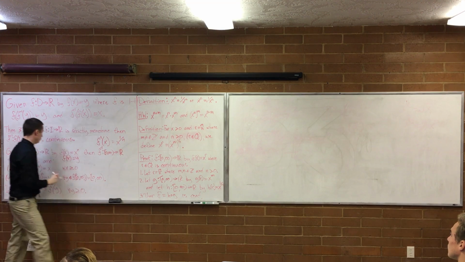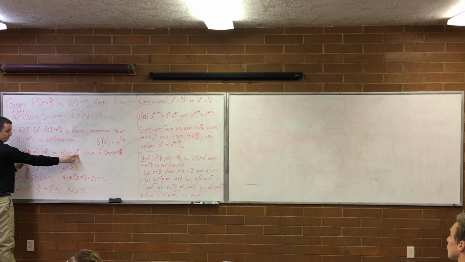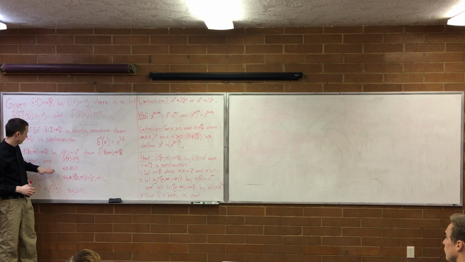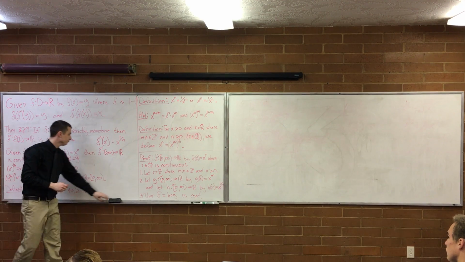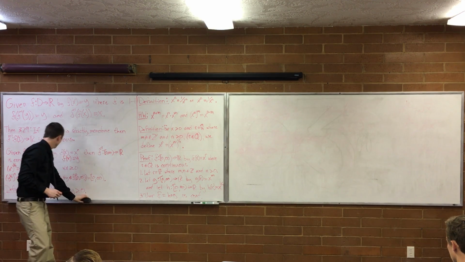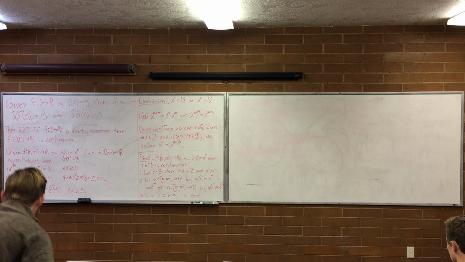What we're proving right here is, given f like this, its inverse is continuous. So x to the 1 over n is continuous is what we're proving right here. Because we just said it's continuous, and then we defined that inverse. Any other questions?